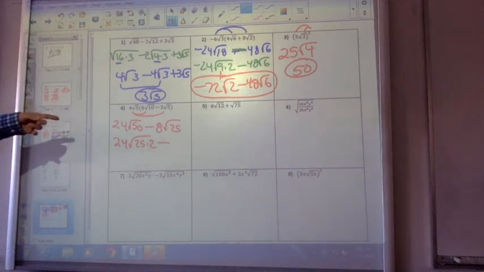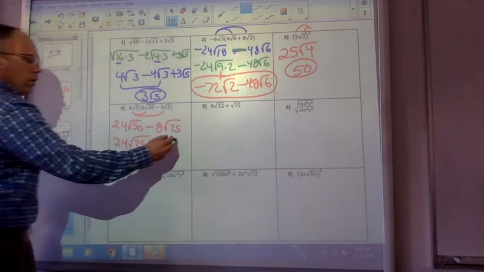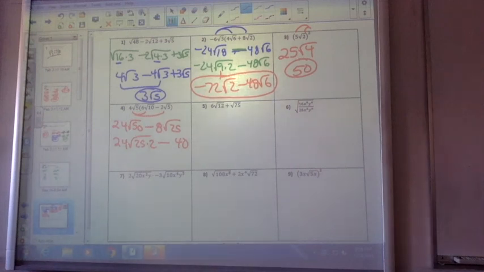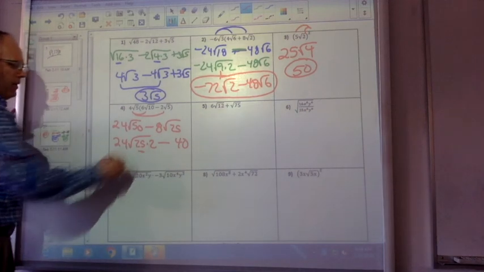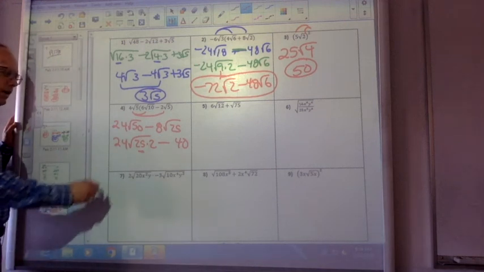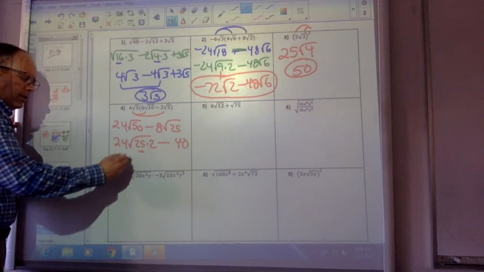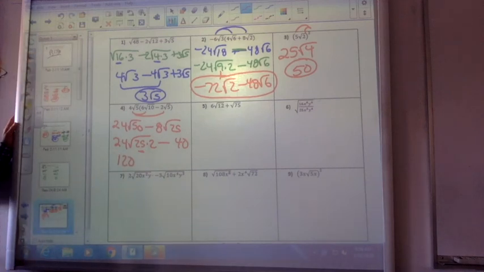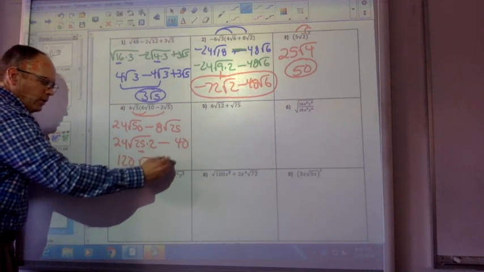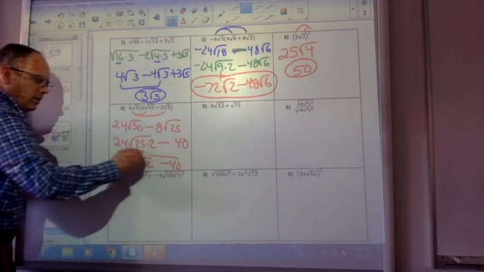And that 5 gets multiplied to the 8, so this becomes minus 40 so far. Is that okay so far? Okay. And then I get square root of 25 right here, which is 5. And 5 times 24, 120. Did I do that right? 5 times 24 is 120. I'm left with a root 2, though. And then this is minus 40. And that's as far as I can go.